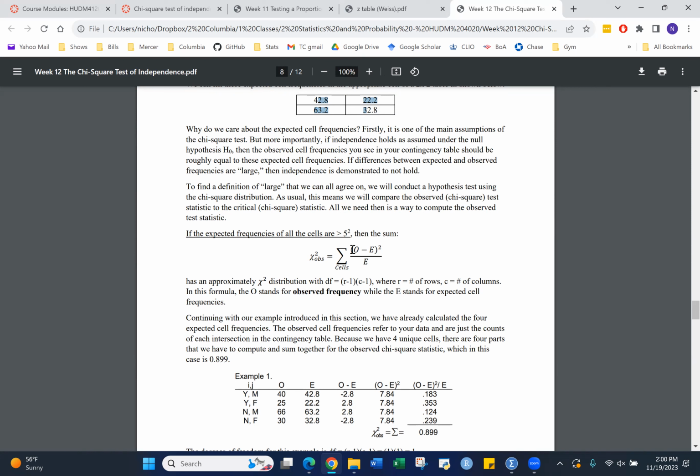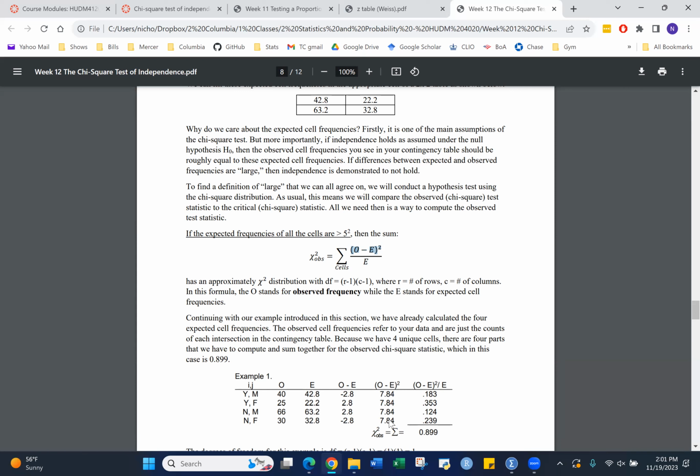And now I need to start applying this formula. The first thing I have to do is O minus E, so observed minus expected. So look, 40 minus 42.8, 25 minus 22.2, etc. Then I need to square it. Then I need to divide it by E. By the way, it's just complete luck that they all are 2.8. You're usually not going to get the same values every single time.